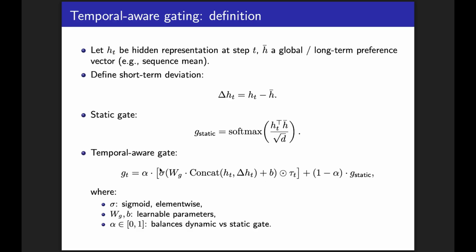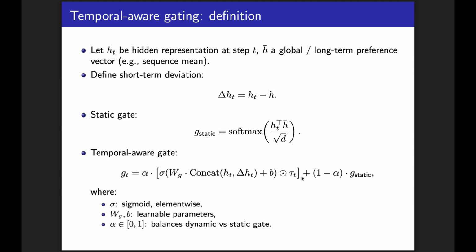And all of this is then multiplied by the temporal factor that we mentioned before, tau. So this whole first half of the equation of g of t is what they call the dynamic gate, the dynamic signal.